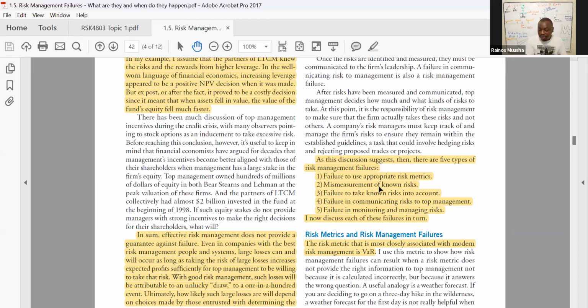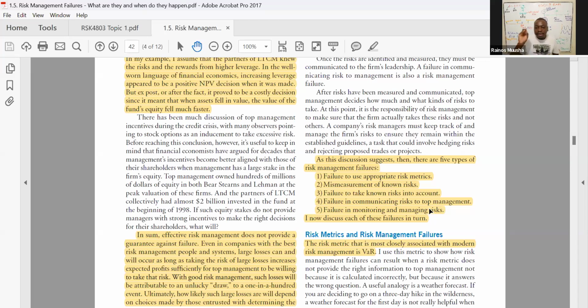So do you see why I was saying you cannot look at ESCOM in assessing the risk management failures and say, in assessing risk management failures for ESCOM, for HHI, for ComAir, or for Bearings Bank, because you can only be able to assess these different case studies after you've understood, one, what are the roles and responsibilities of the risk manager, and two, what are the different types of risk management failures?